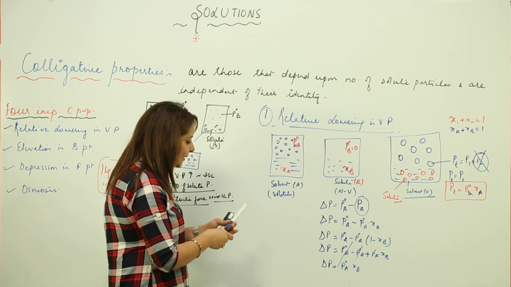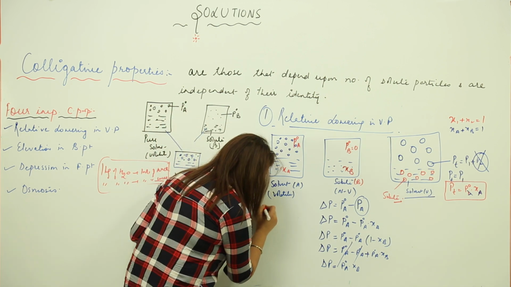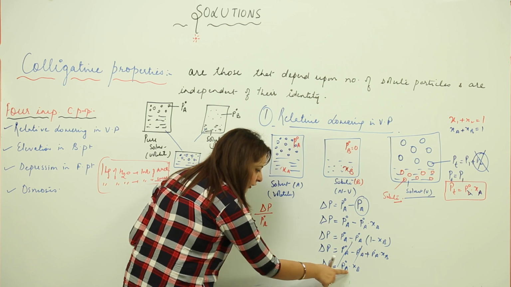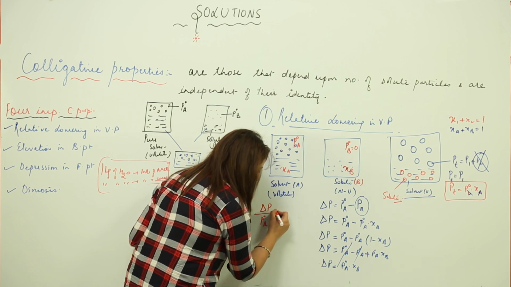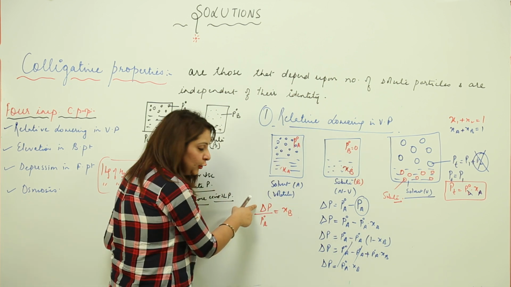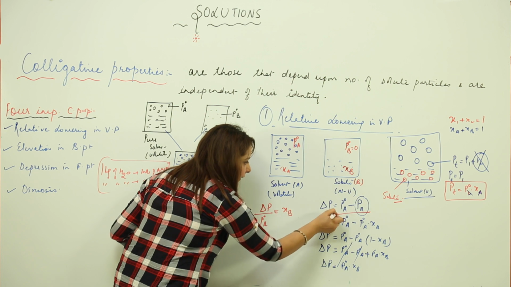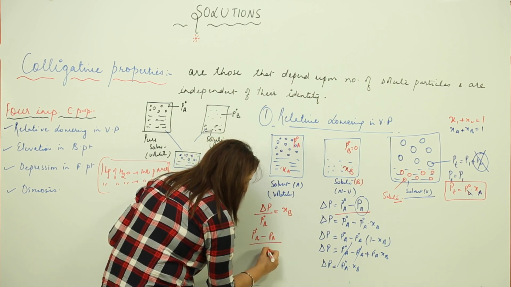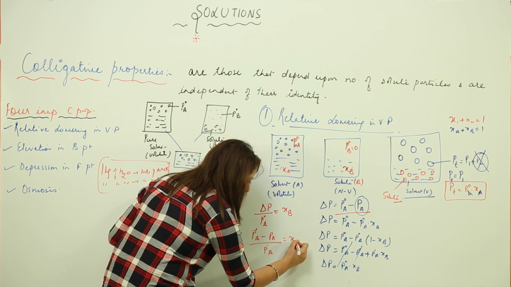I can write this also as my delta P, that is my change in pressure, divided by the pressure of the pure solvent, is equal to its mole fraction. Delta P is P naught A minus PA, so P naught A minus PA divided by P naught A is equal to XP.